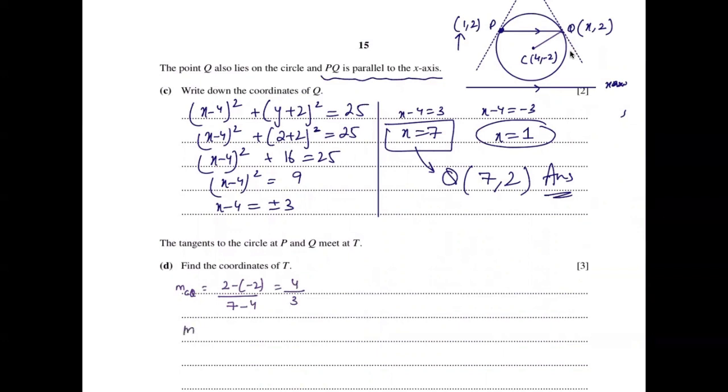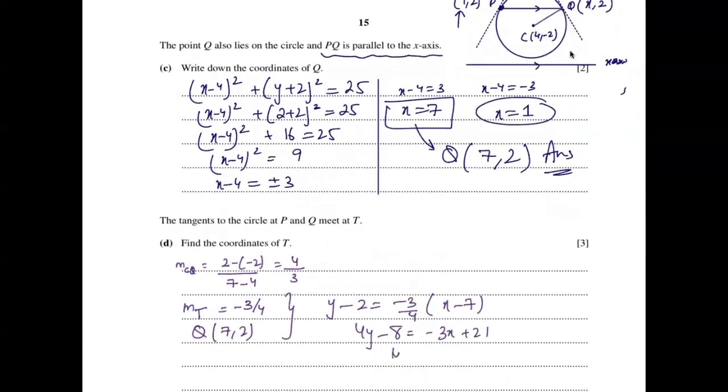So what is going to be the gradient of the tangent? Negative 3/4. Now the point Q is 7, 2. So the equation of the tangent is going to be y minus y1 equals m times (x minus x1). 4y minus 8 equals minus 3x plus 21. 4y equals minus 3x plus 29, I think.